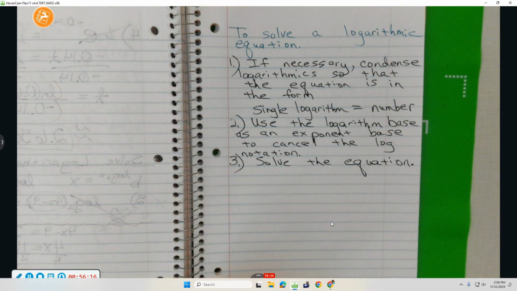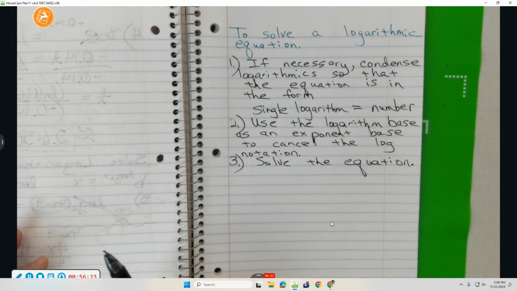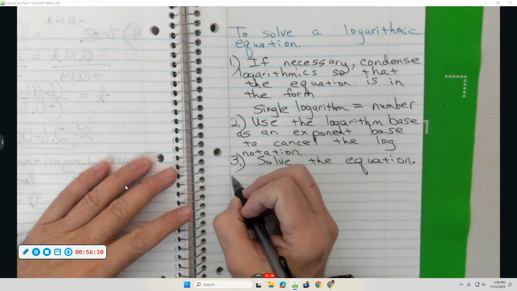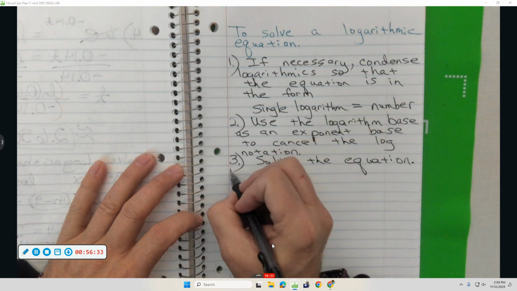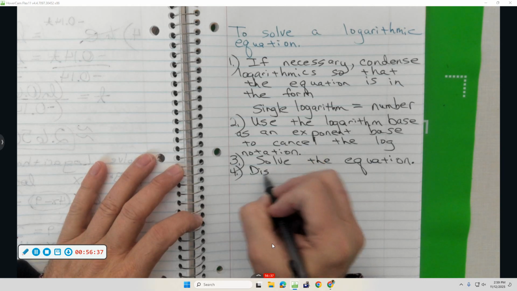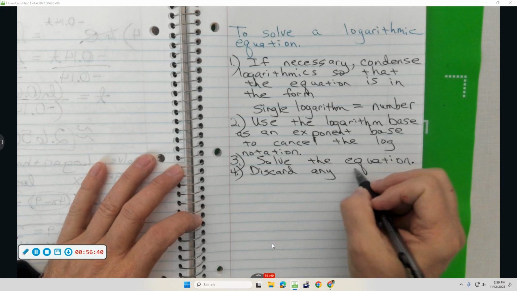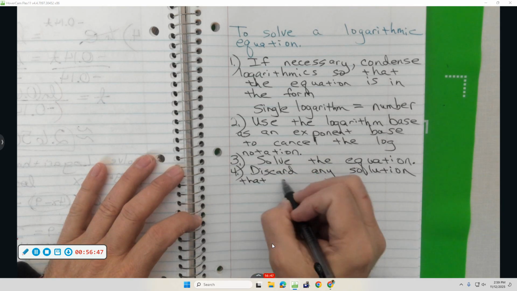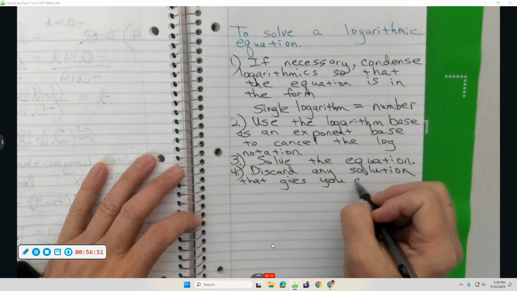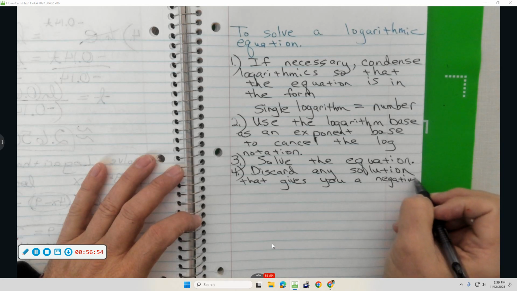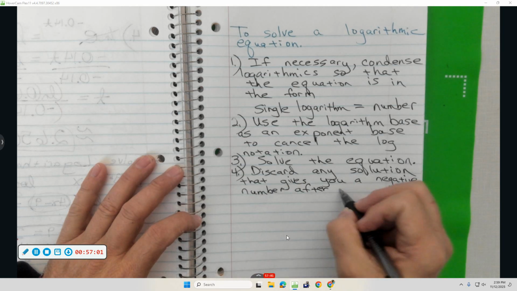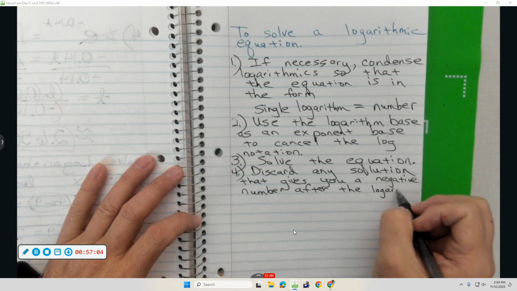And step number 4, you have to discard any solution that gives you a negative number after the logarithm, or just a negative argument.